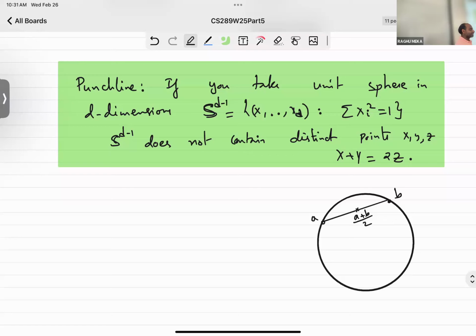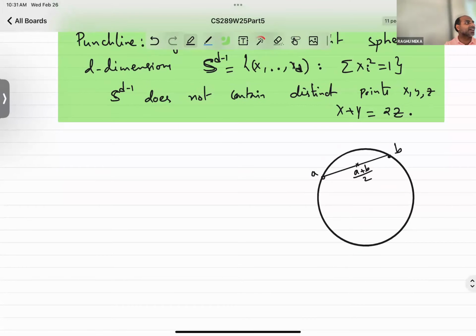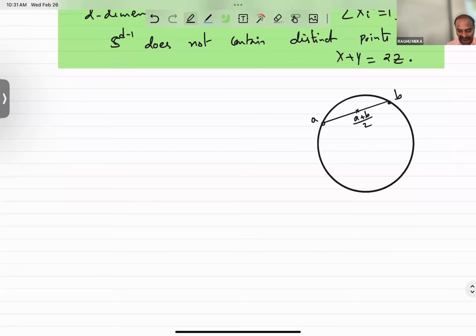We found a big set which does not contain any such solutions. We had to find a way to map these points to the integers while respecting this arithmetic. Once you have this insight that I have already found this big set which does not contain such solutions, finding the mapping is some calculation.